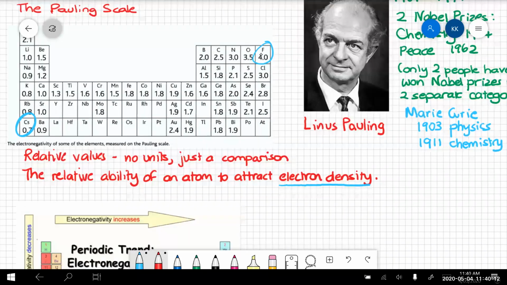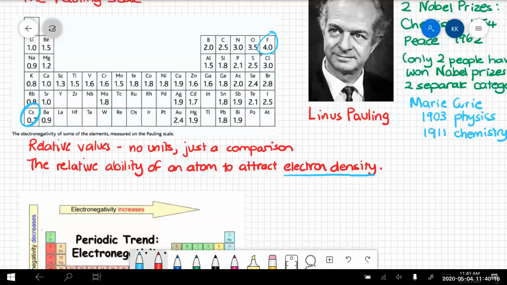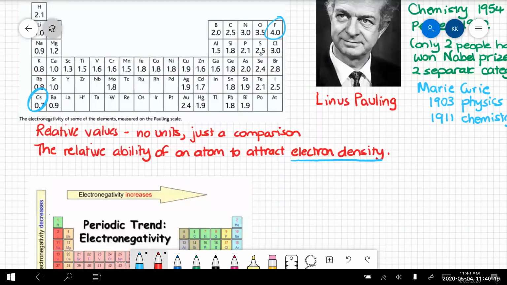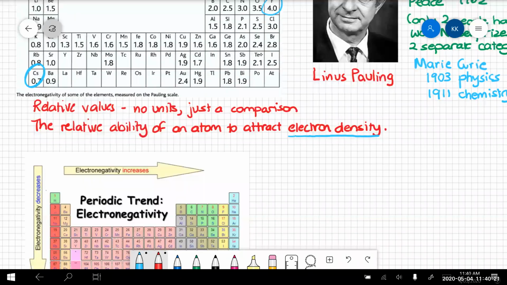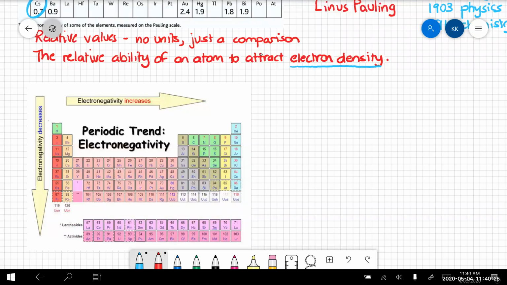All right, let's have a look at how these values are assigned. So the periodic trends in electronegativity: electronegativity increases as we go across the periodic table.